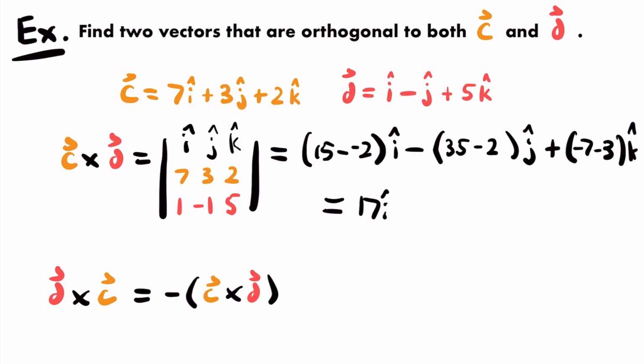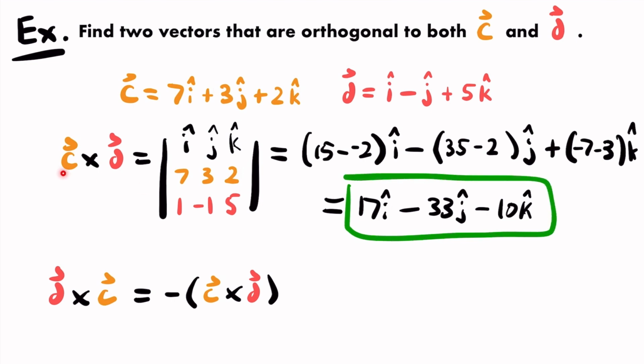So we have 17I minus 35 minus 2 times j. 35 minus 2 is 33, so we will have 33j, or -33j, because we're subtracting that term. And then we're adding that to -7 minus 3 times k, and -7 minus 3 is -10, so we will have minus 10 times k. So let me erase that plus sign, because instead we're going to have minus 10k. All right, and so that right there is the cross product of vector C and vector D.